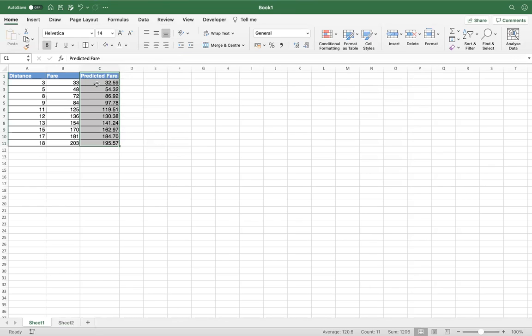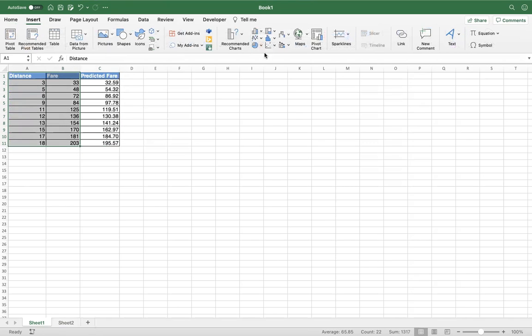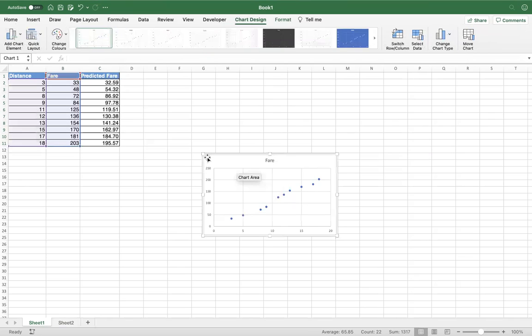The best way, definitely, is always to visualize the data so that we know how it is. For the distance and fare, I am going to insert a graph.